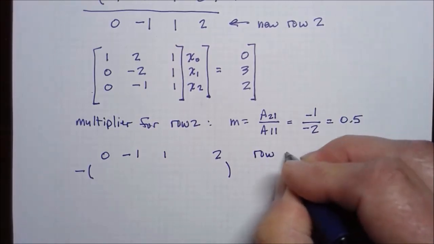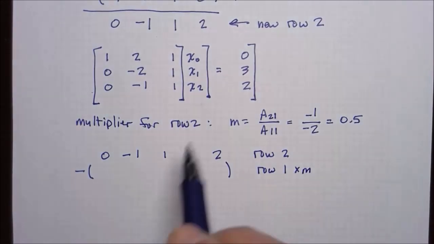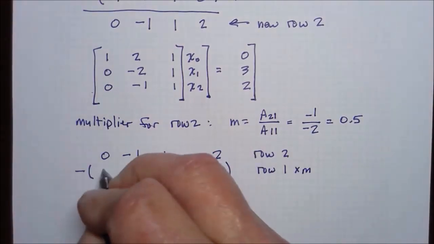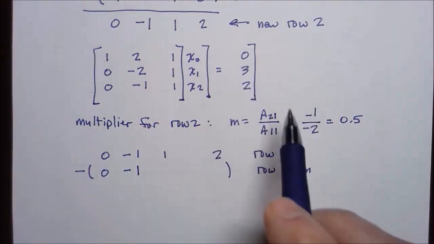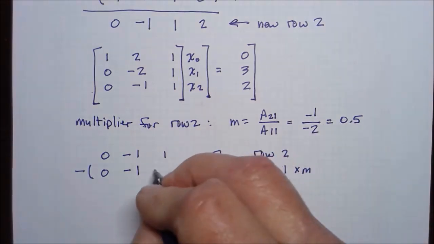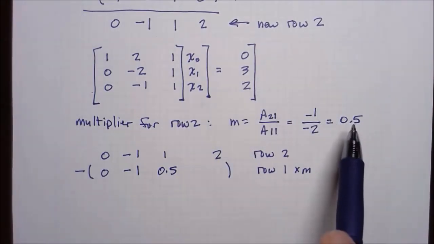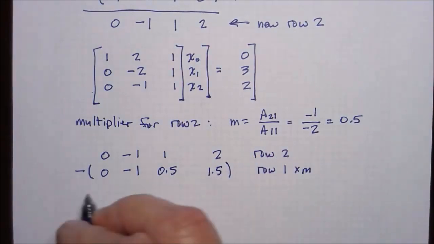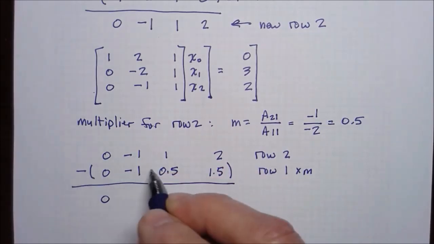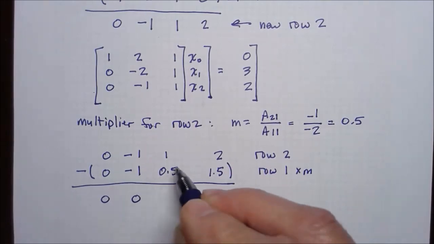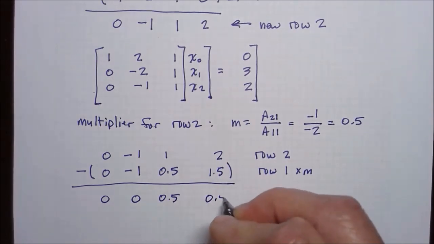this is row 2, I want to subtract row 1 times the multiplier, so 0.5 times 0 is 0, 0.5 times minus 2 is going to give minus 1, 0.5 times 1 gives 0.5, and then 3 times 0.5 gives 1.5, and now we subtract. 0 minus 0 is 0, minus 1 plus 1 is 0, 1 minus 0.5 is 0.5, and 2 minus 1.5 is 0.5.